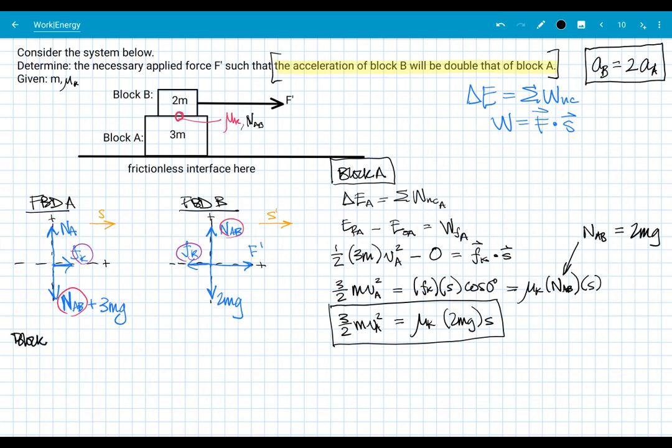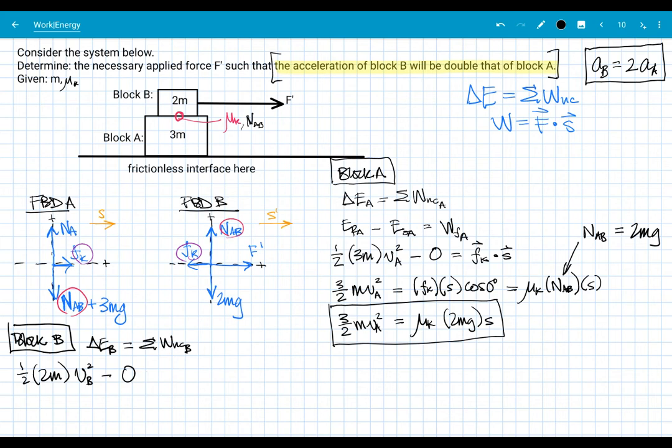Let's do our block B analysis, the energy analysis here. What this is about, right, is that the change in energy for block B is equal to the sum of the non-conservative works on block B. So what do I have there? Finally, block B has kinetic energy, so that's 1/2 2m v sub B squared. Remember, their speeds are not going to be the same here.